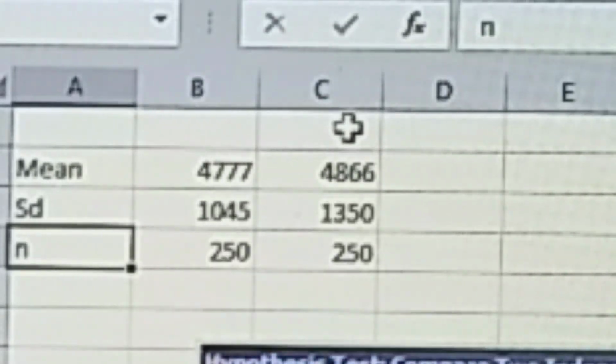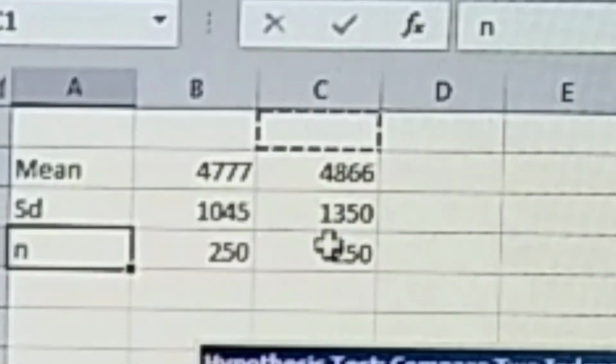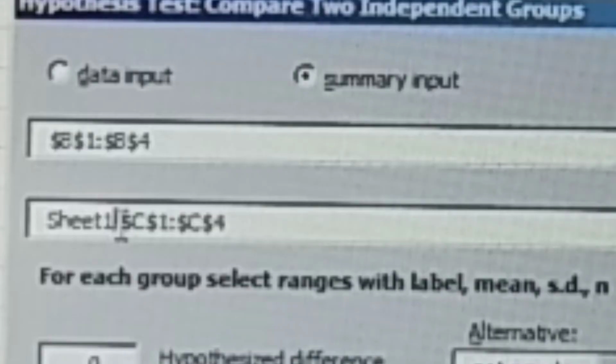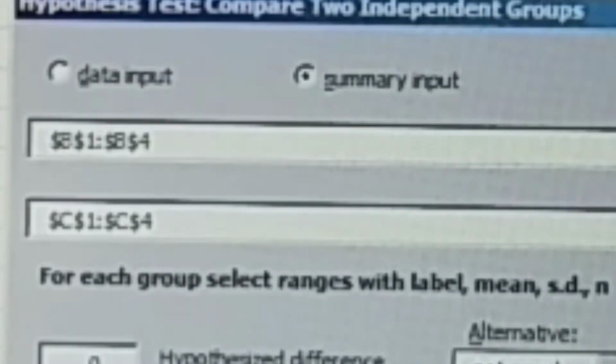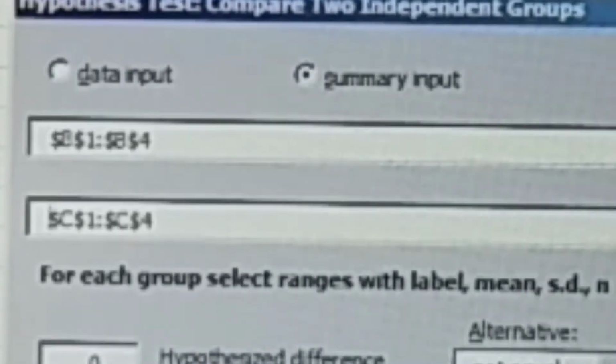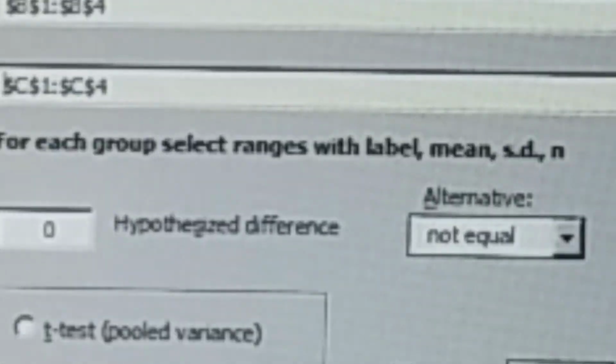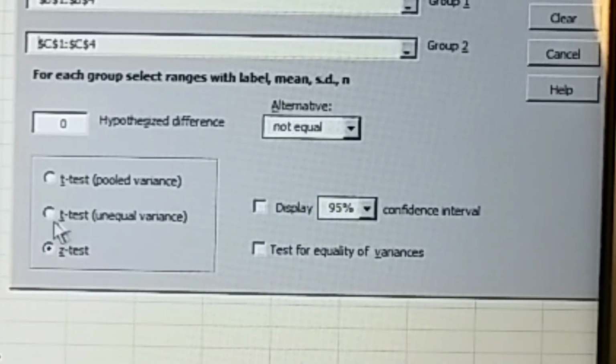We drag from this part up to this part, and then after that, we delete this. Now, do not forget to click this summary input, and then click the z-test.